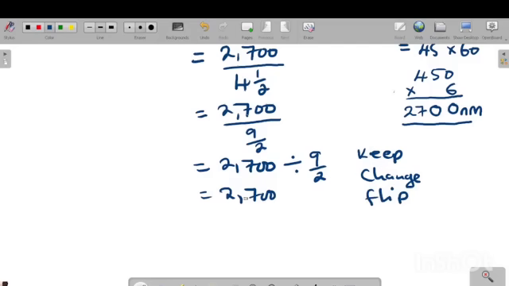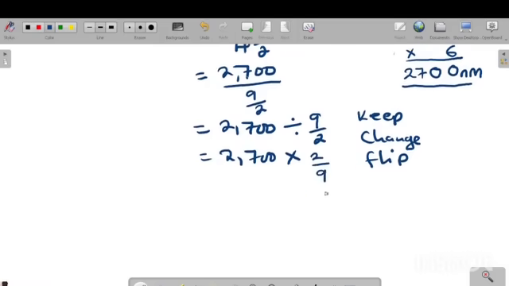So you keep the first fraction as it is, then change the division sign into multiplication, and as soon as you change it into multiplication, then you flip. Okay, so you're going to have 2 over 9. All right, so keep this in mind.